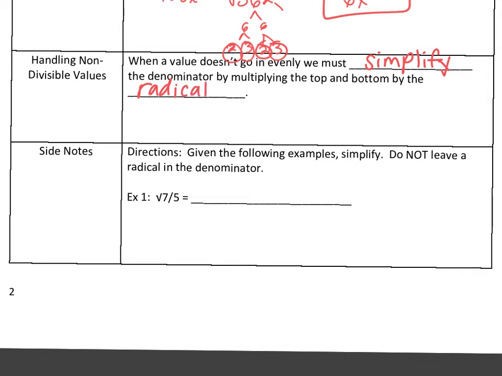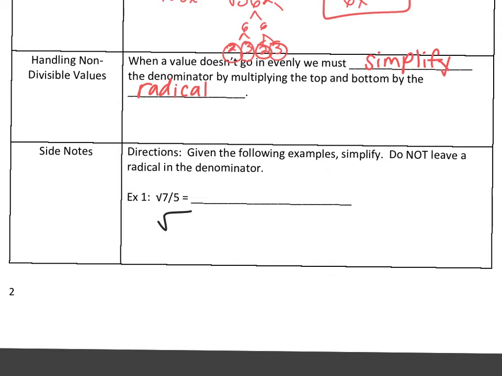So this is when we are left with a radical in the denominator, okay, which we cannot have. So we're going to learn how to get rid of that right here.